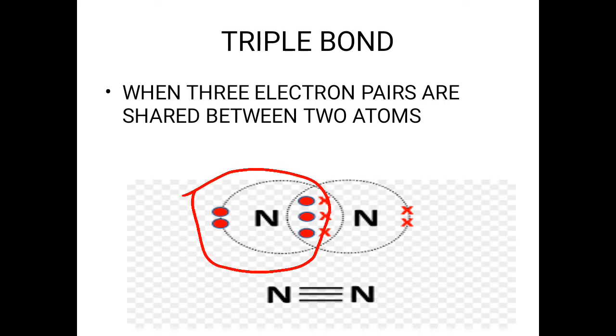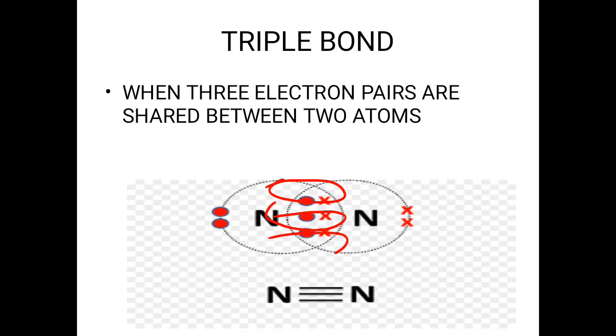Both of the nitrogen atoms have 5 electrons, and they need to get only 3 more electrons in their outermost shell, and they complete their octet by sharing 3 pairs of electrons. So the nitrogen molecule has 3 covalent bonds, means triple bond.